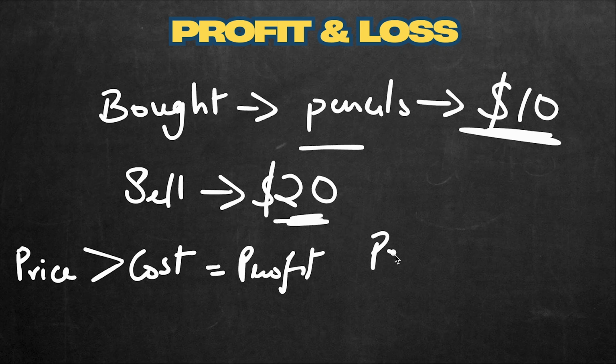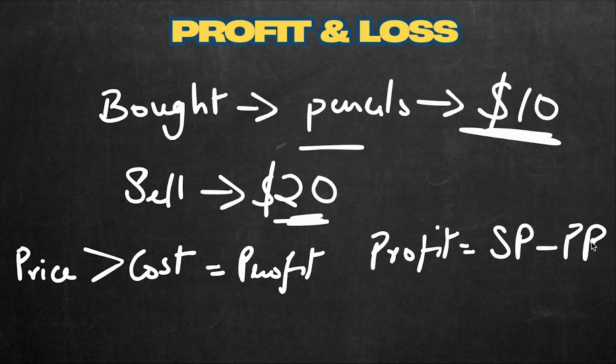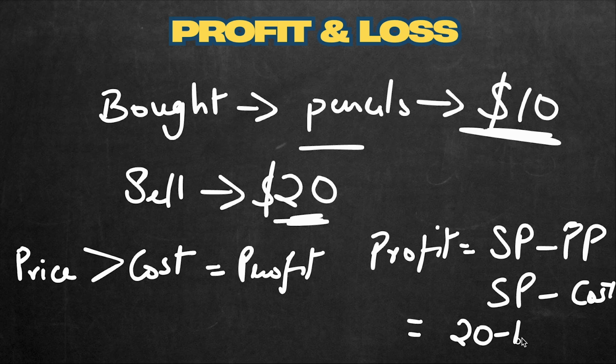So my profit equals selling price minus purchasing price or cost. It can be written both ways, but it's the same thing said in a different way. So in this case it will be equal to $20 minus $10 equals $10, which will be my profit.